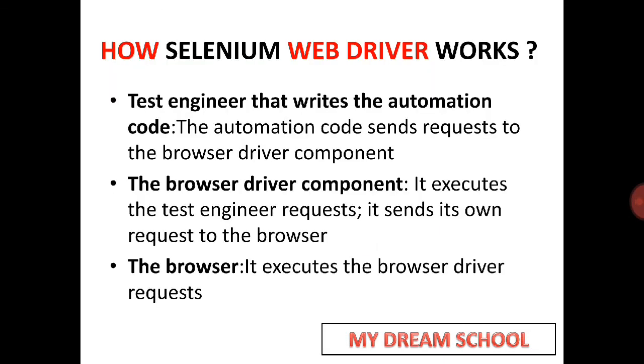The role of the test engineer is to write the automation code and send it to the WebDriver. The WebDriver executes the request sent by the test engineer and sends its own request to the browser. And then the browser executes the driver's request.